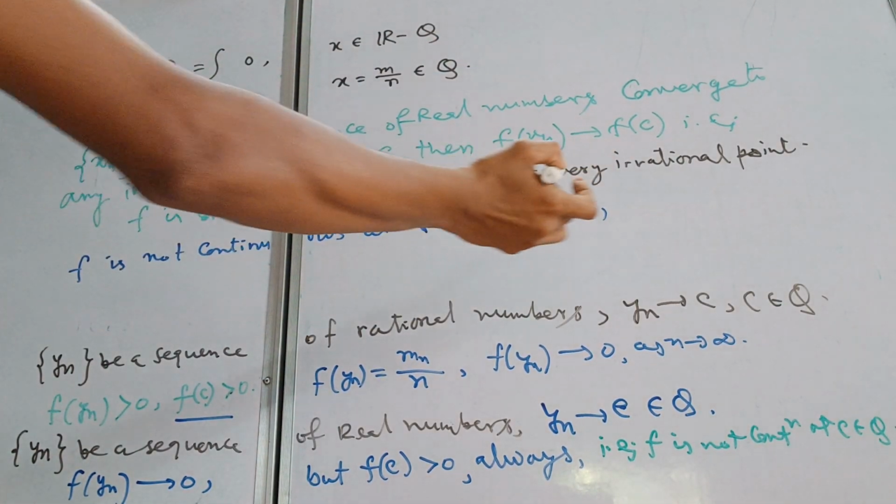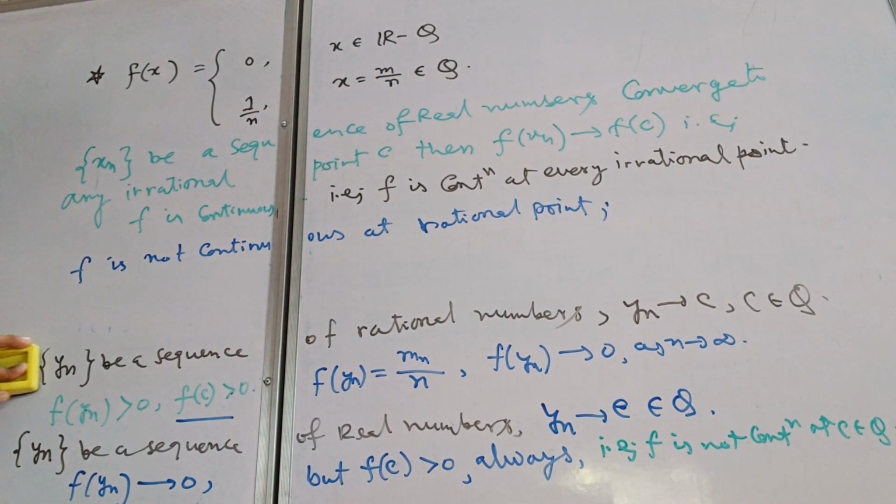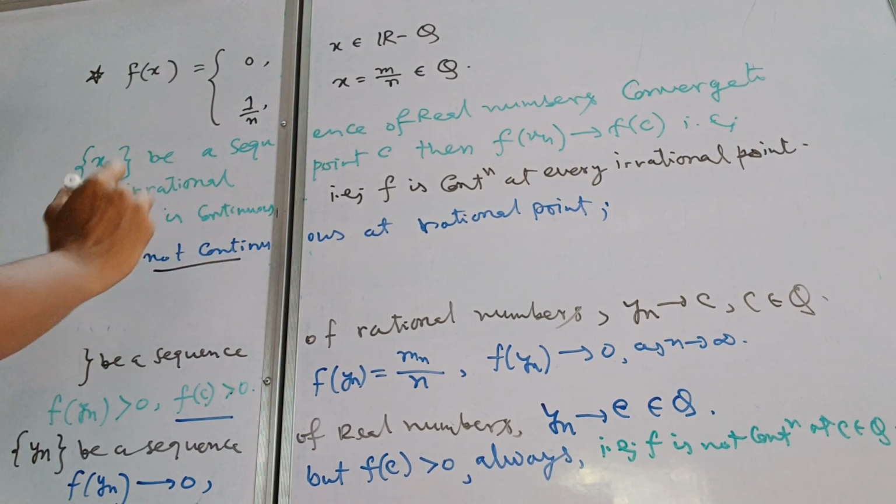Okay, so at rational points, now we erase that portion. How can we remove that discontinuity?